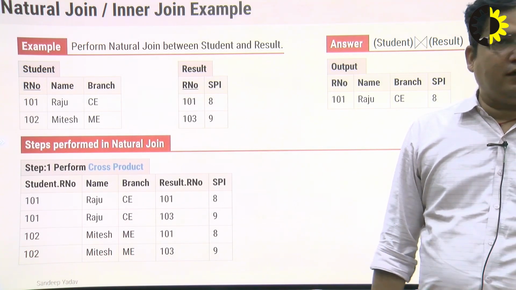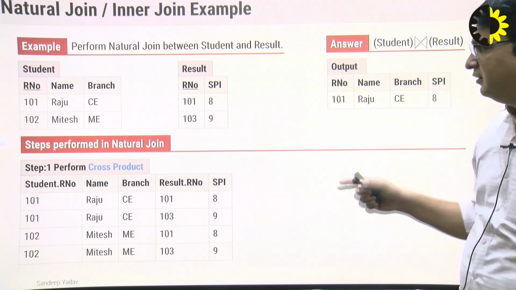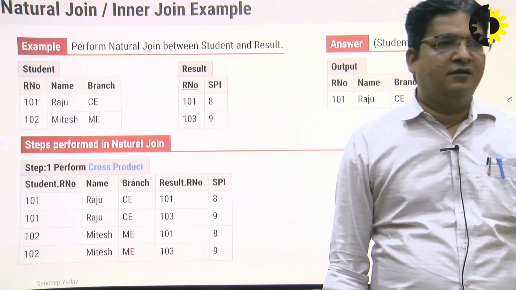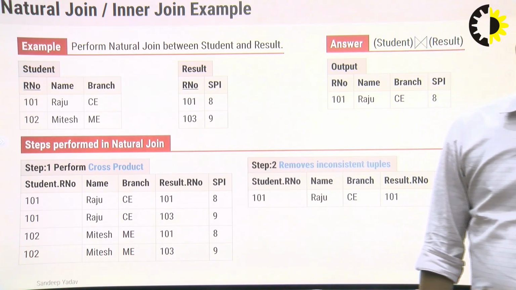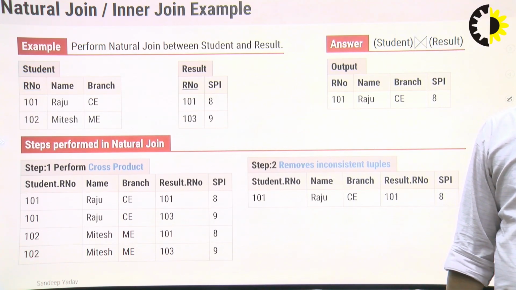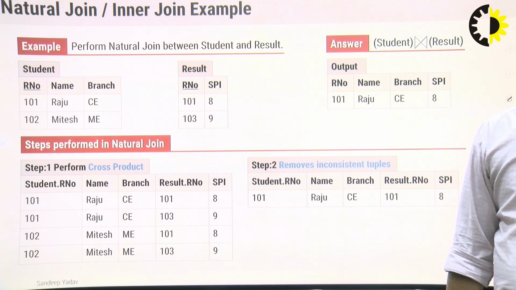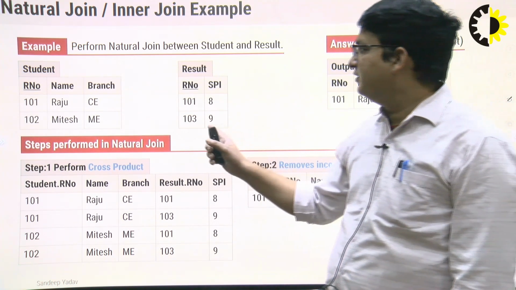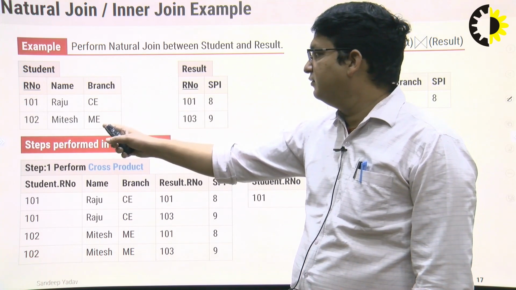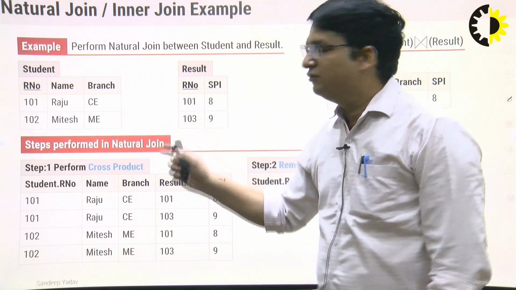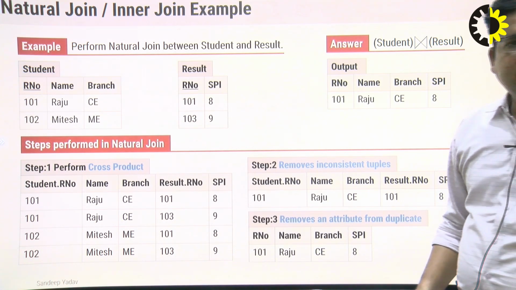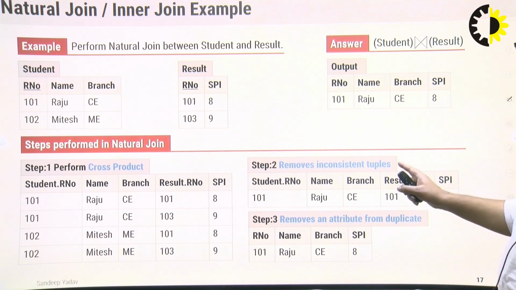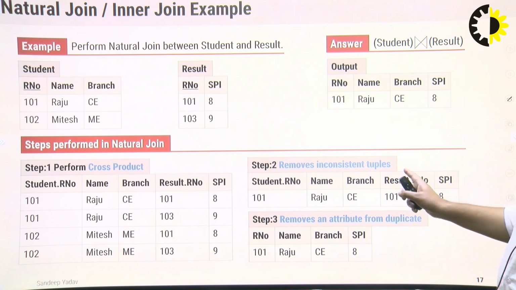First the cross product is there, then we have to remove inconsistent tuples which are no longer desired. That is, 103 is here but not here, 120 is here but not here. So they will be eliminated and you will get the final answer. Now we are removing all the inconsistent tuples.